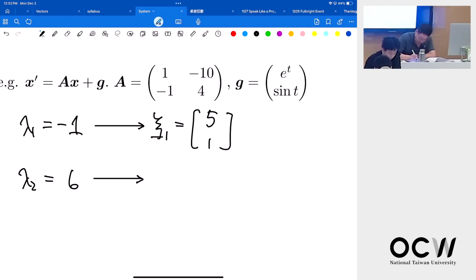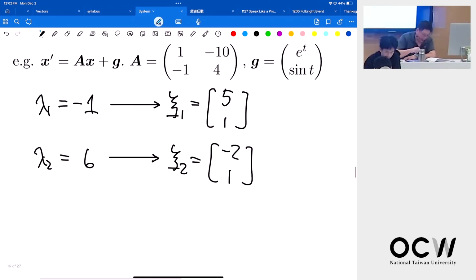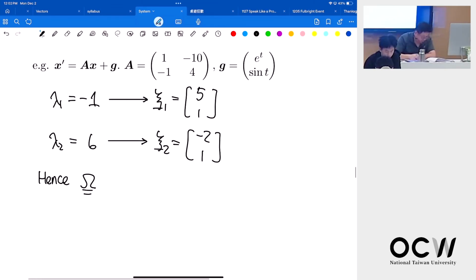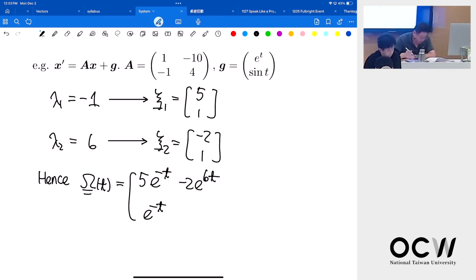Then the eigenvector is -2, 1. So in that case, the fundamental matrix will be 5 times e to the minus t, minus 2 times e to the 6t, e to the minus t, e to the 6t.